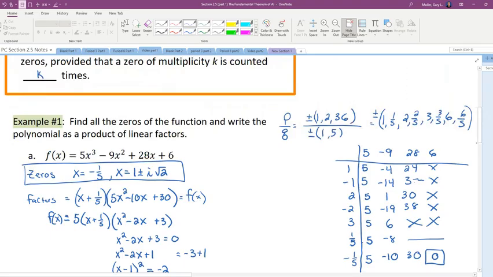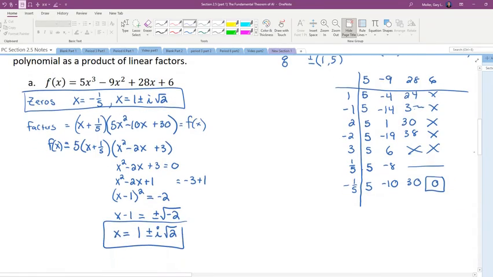All right, the next piece is it wants us to write it as a product of linear factors, of which I've started working on that already. So the issue I have here is writing linear factors is going to be a little challenging because of these imaginary answers. But that doesn't mean we can't do it. So I'm going to keep working on these factors.